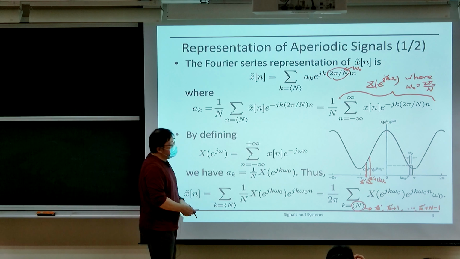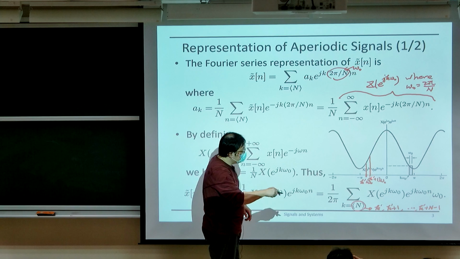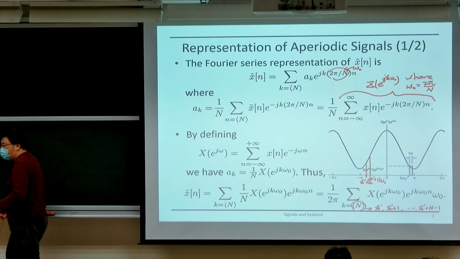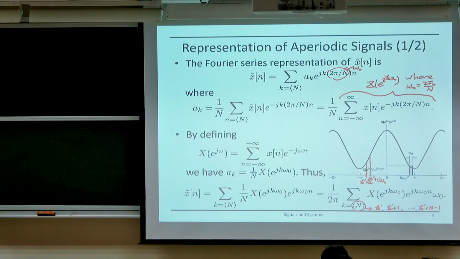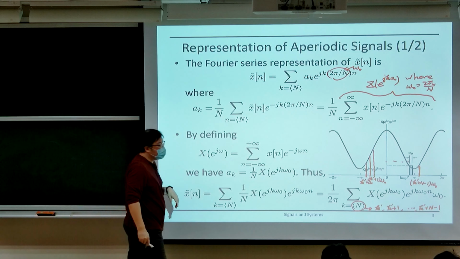We can continue to take these samples, and finally we arrive at this sample here, which is at the point k prime plus N minus 1 omega naught.